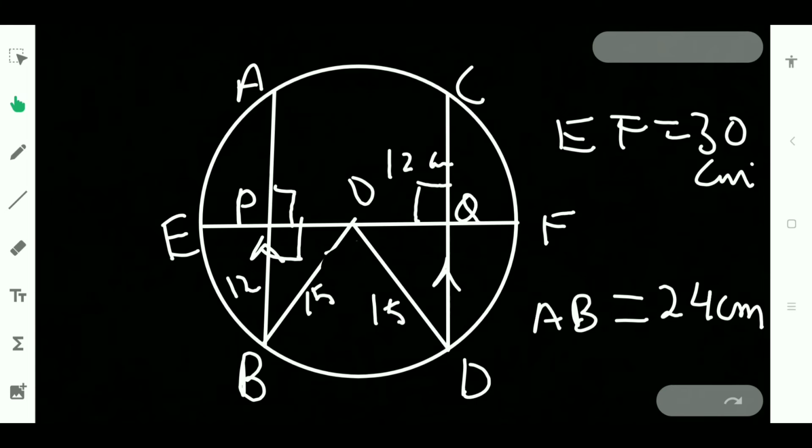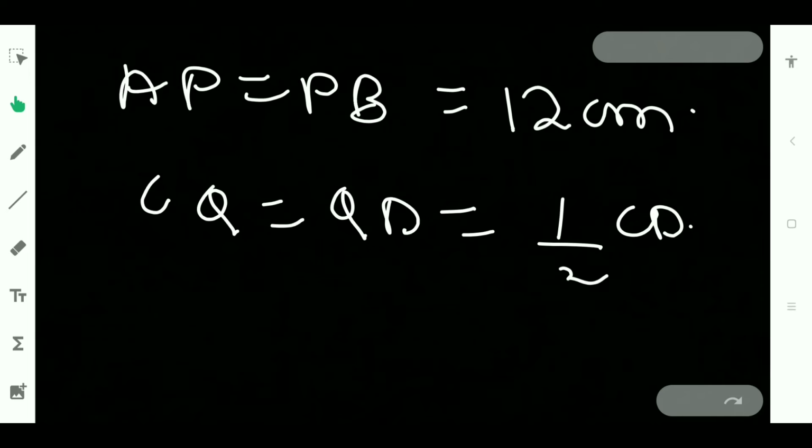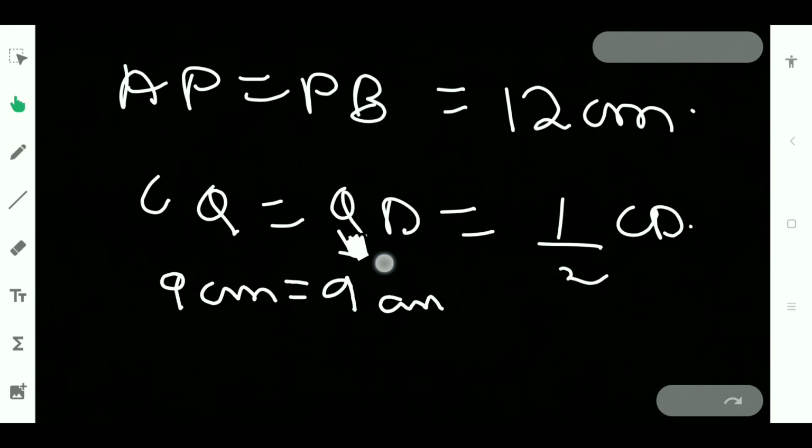Okay, now QD is 9 centimeter. Now CQ is also 9 centimeter, as we have QD equal to CQ, which is half of CD.